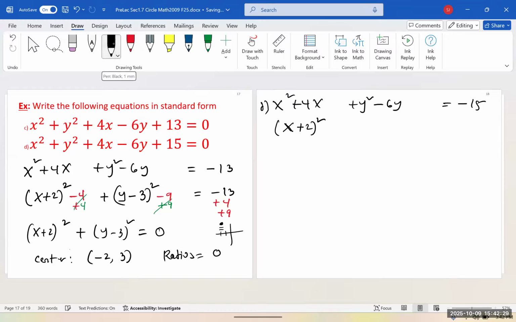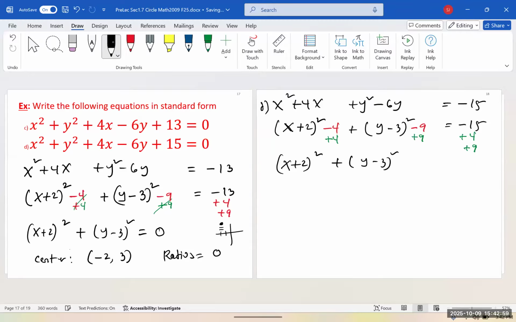Minus 4. y minus 3 squared, minus 9 equals negative 15. So add 4 and add 9. So x plus 2 squared plus y minus 3 squared equals negative 2.